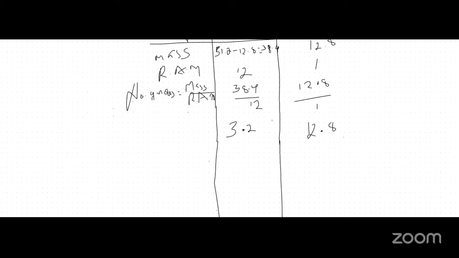We don't need that. So what we do is we divide now by the smallest value. So we divide by 3.2.